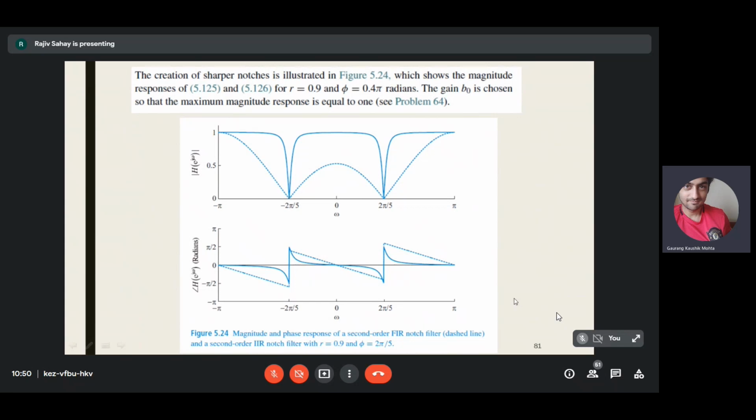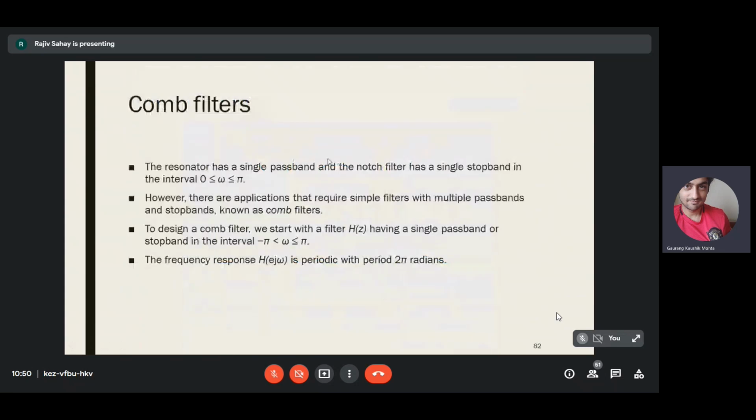Okay. So we have learnt about resonators, oscillators, and now filters.